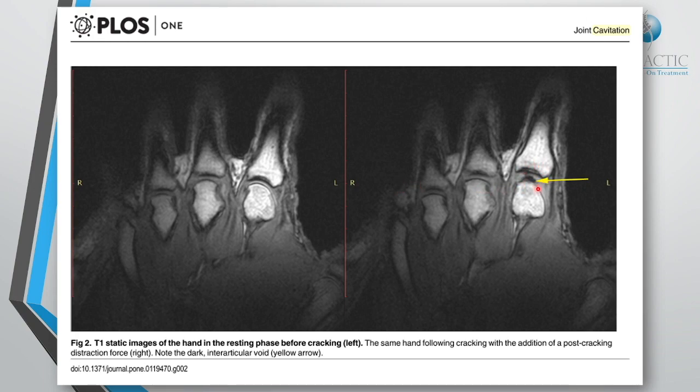On the right hand side of the screen, you can see just how far apart the articular surface is separated, and this little dark area just here, that is that cavitation, that is that bubble formation within the joint as a result of separating the two fingers off. So it's not the popping of a bubble that's formed within the joint, it is the formation of that bubble that causes or leads to that popping sound.